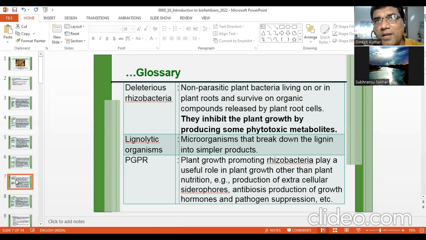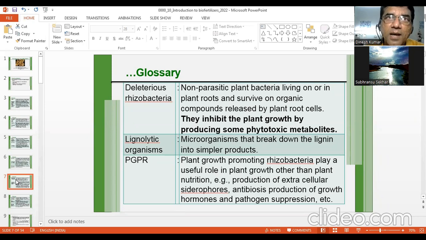I want to tell you here that most of the students know that rhizobium infects the leguminous plants. But some people have done research on rice crop at the International Rice Research Institute, and they have published a paper.